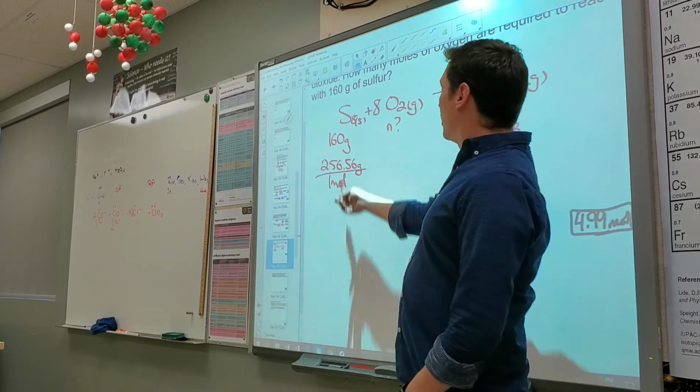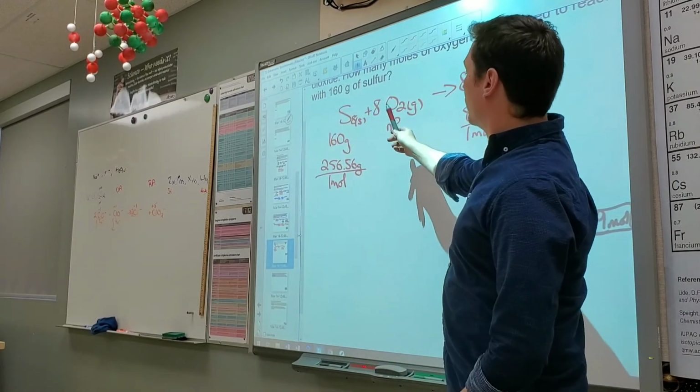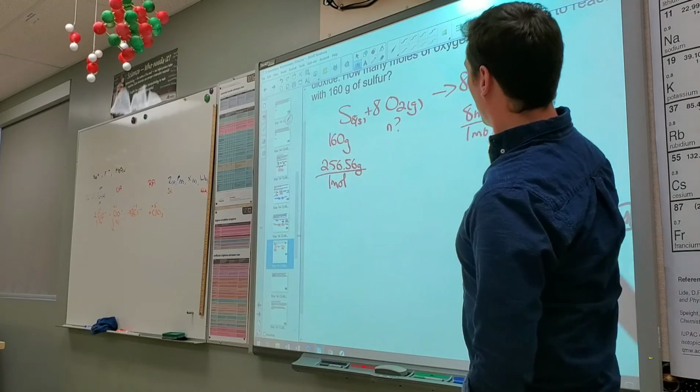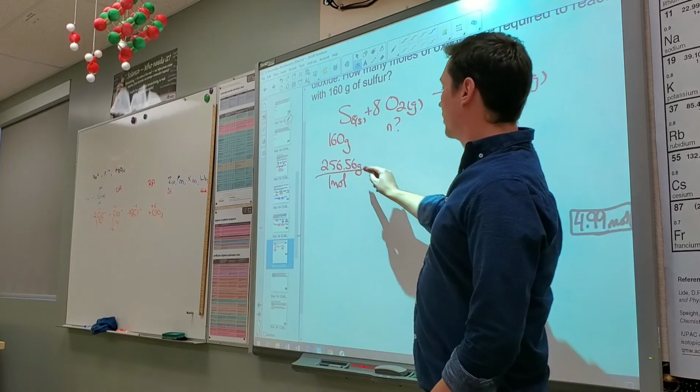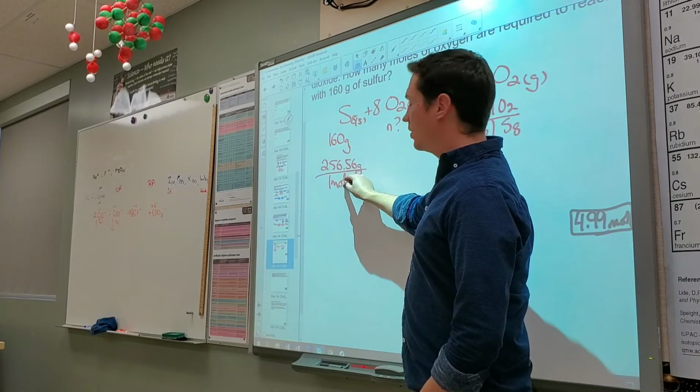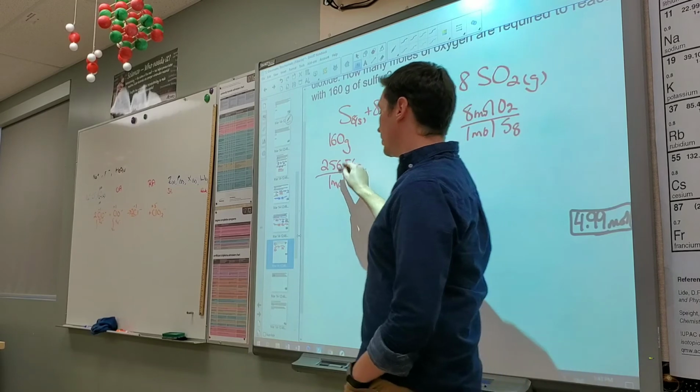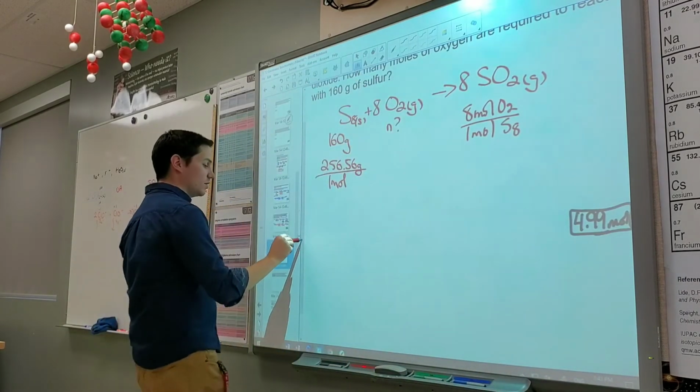So we're looking for moles of oxygen, so we'll start off with our molar ratio. Then we'll be able to cancel out moles of sulfur using the molar mass, and then we'll be able to cancel out grams using the mass.